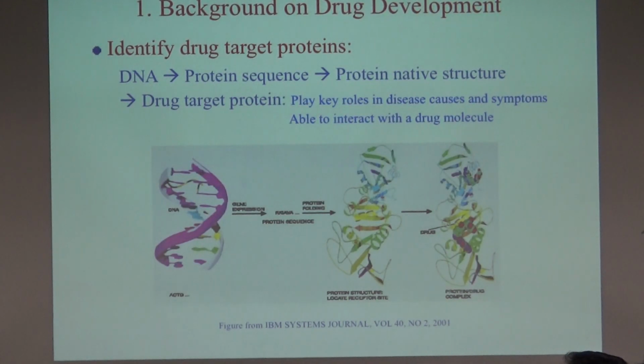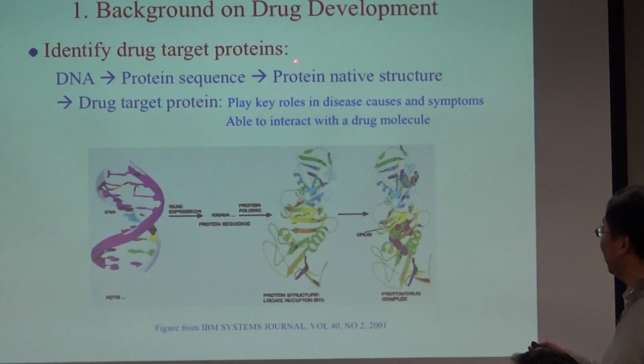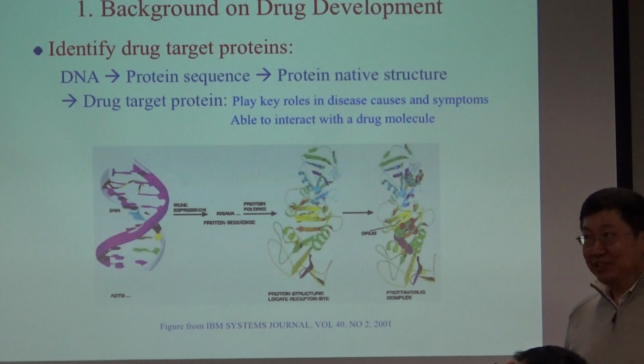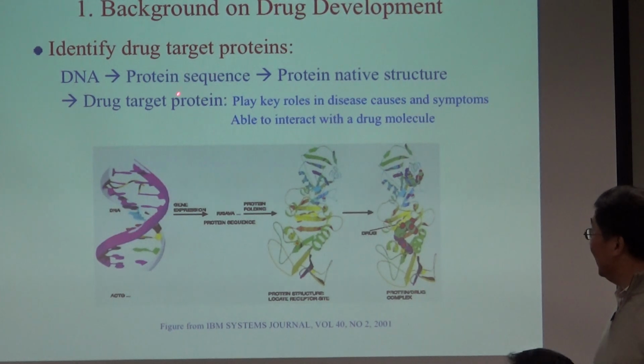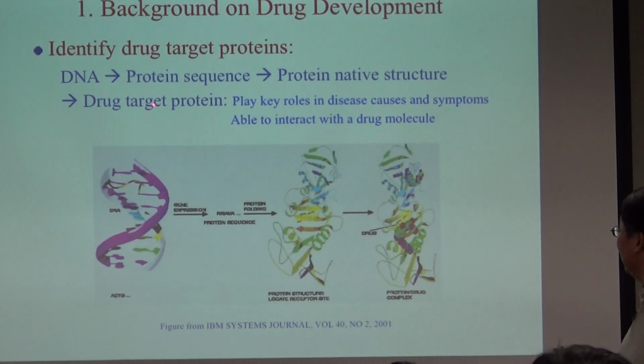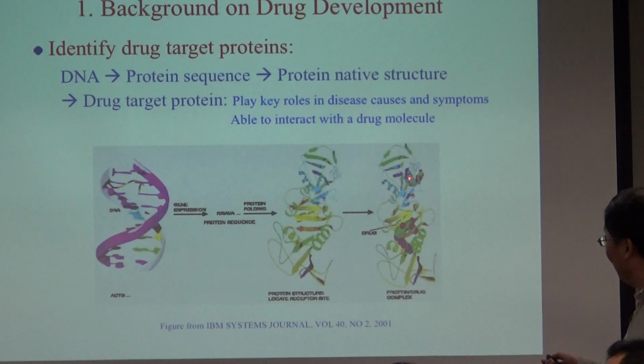So let me give you a little bit of background. I am still working on protein simulation. I think that's the long-term project I did. This is related to drug designing. Drug designing is related to protein study, because you first have to identify the target protein, and then you want to find the drug, which is a chemical compound that interacts with the target protein.